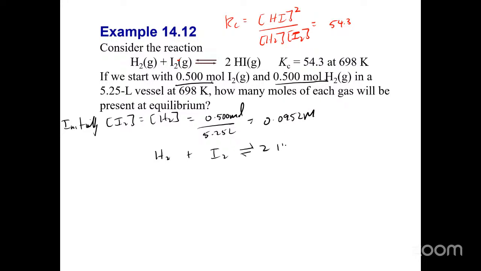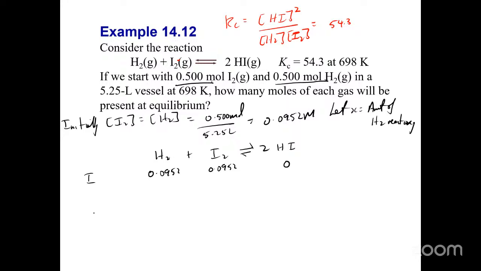So now I'm going to get into my ICE table, H2 plus I2 to give 2HI. Initially, the concentrations of both H2 and I2 would be 0.0952, and initially the concentration of HI would be 0. So this is where the X factor comes in. We don't know how much of the H2 or I2 reacted, but we're just going to say let X equal the amount of H2 reacting.